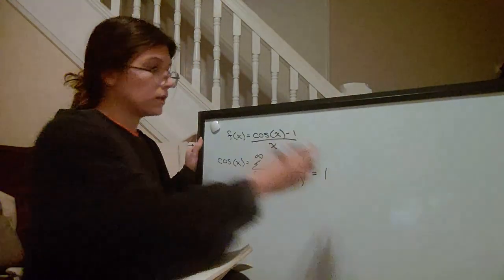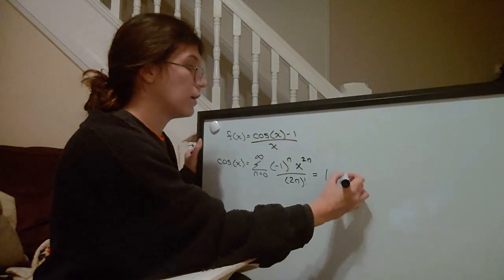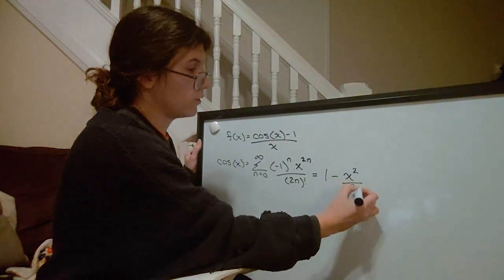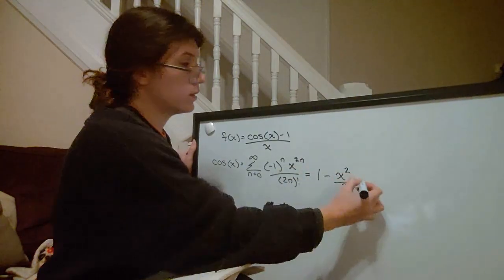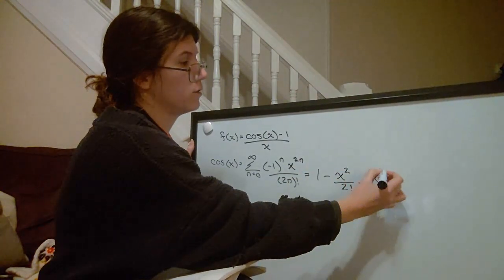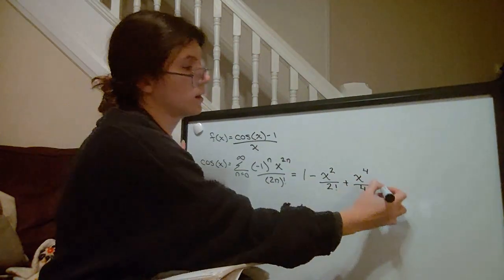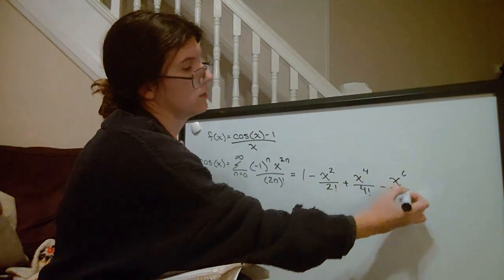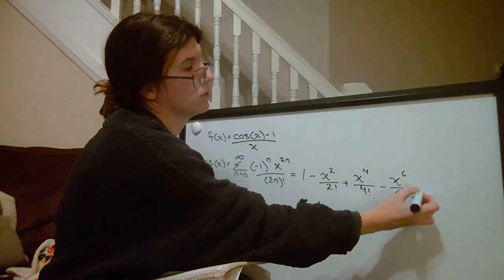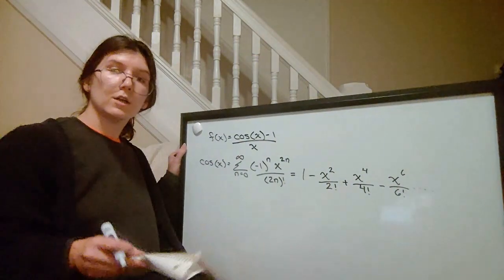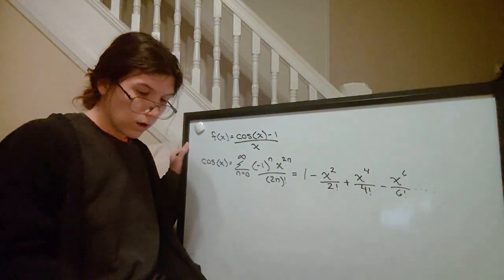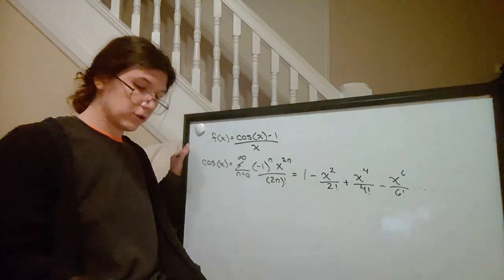And then if we continue this, we end up getting all of these terms: x squared over 2 factorial plus x to the 4th over 4 factorial minus x to the 6th over 6 factorial, and so on and so forth, an alternating series. So we are just going to modify this.